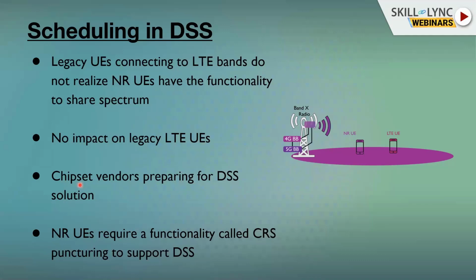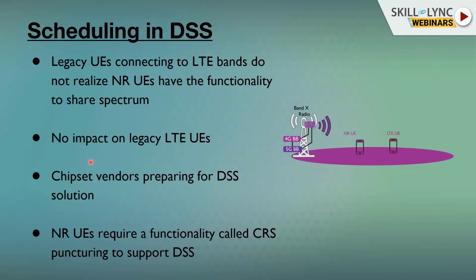Sometimes features can be enabled from the radio end, but the UEs can't really use them because chipset vendors are a little bit behind. But chipset vendors are very quickly enabling DSS UEs, so that's good news. We'll start seeing more of these commercially.